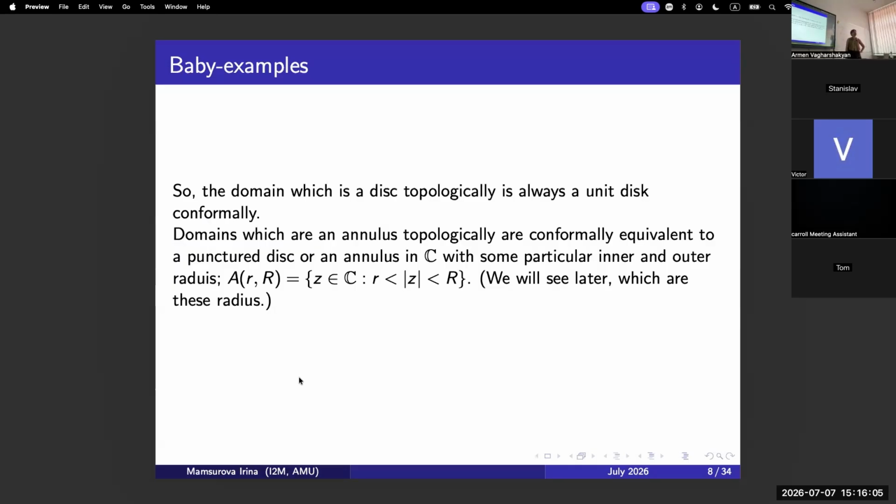So all domains which are topologically an annulus are conformally an annulus with some known inner and outer radius, or a punctured disk. I hope we will see the idea of the demonstration later if time permits.